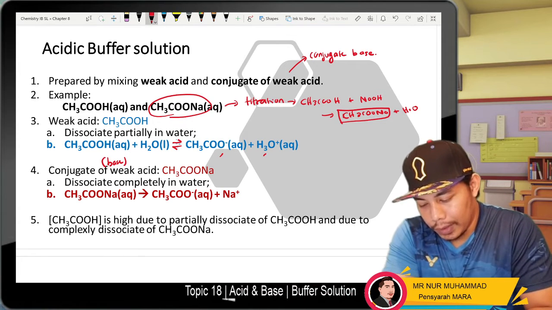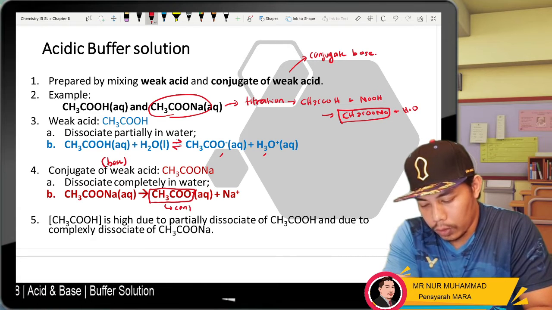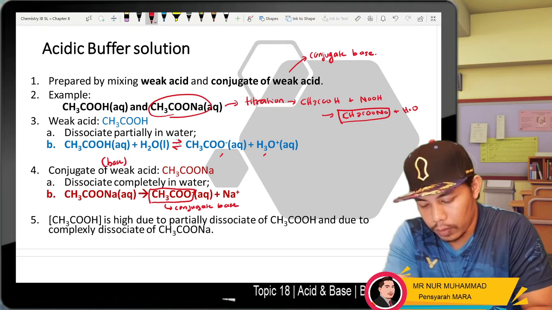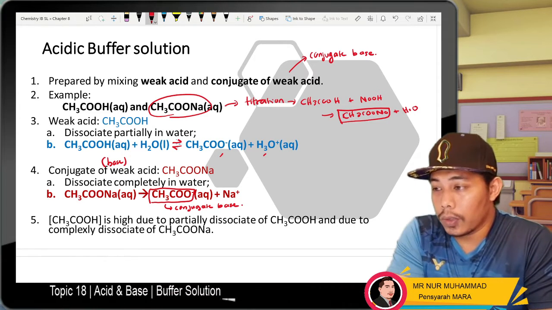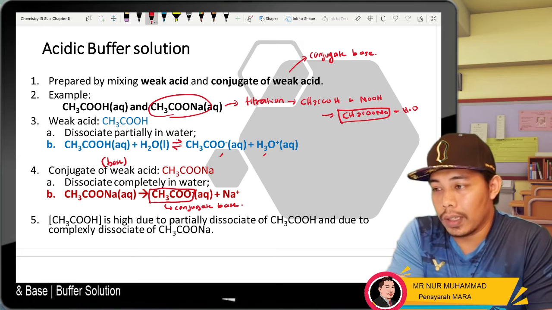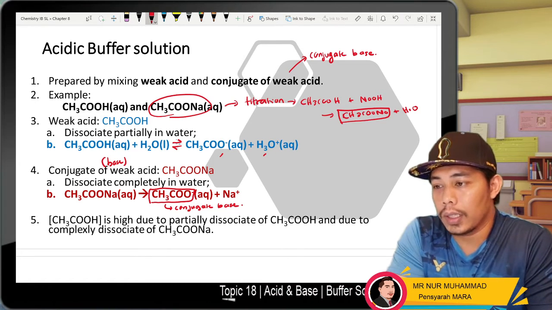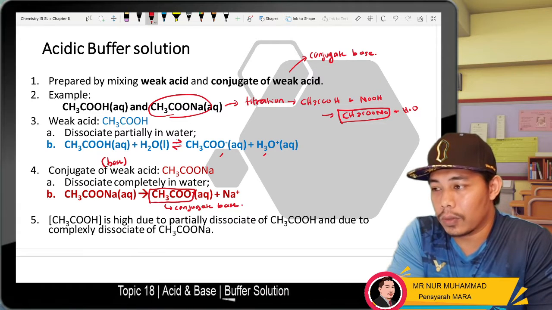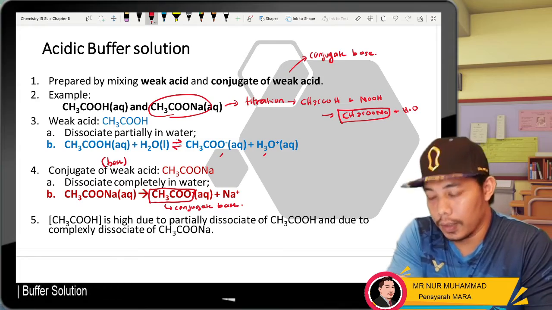So the ethanoate inside the sodium ethanoate is the conjugate base. The concentration of ethanoic acid is high due to the partial dissociation of ethanoic acid and the complete dissociation of sodium ethanoate.